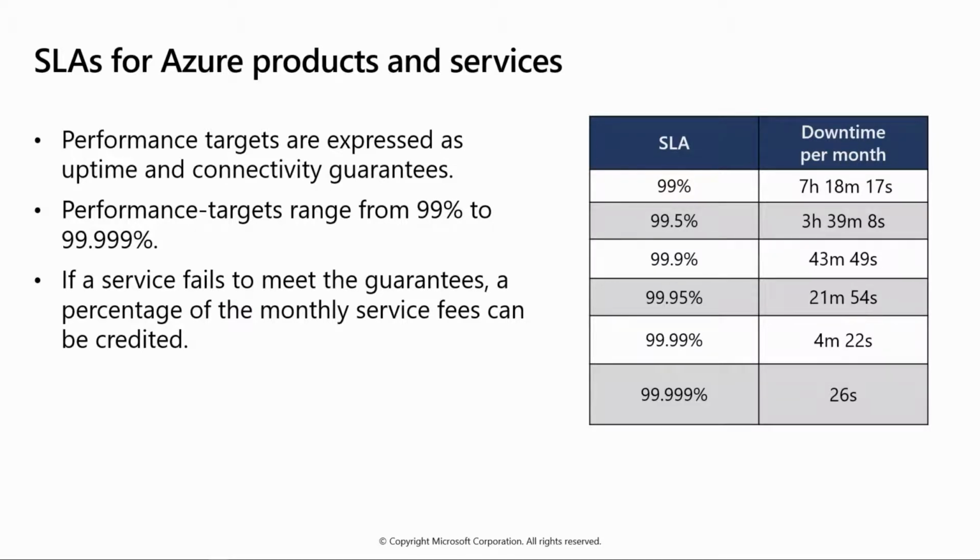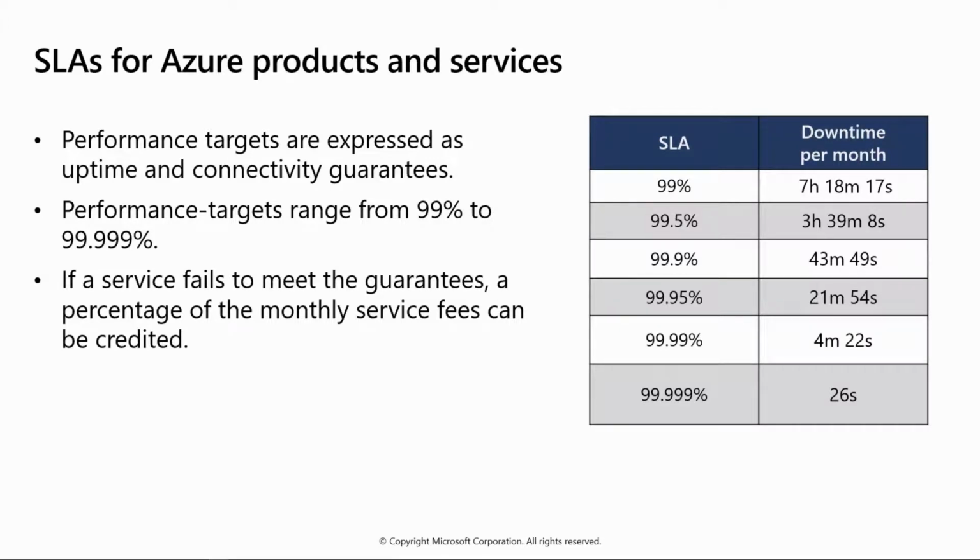So 5 nines, for example, not a lot of products offer 5 nines, but in that case, it's 26 seconds a month. So when you're looking at building resiliency and availability into your products and services, just make sure that you are aware of what kind of downtimes you can tolerate.